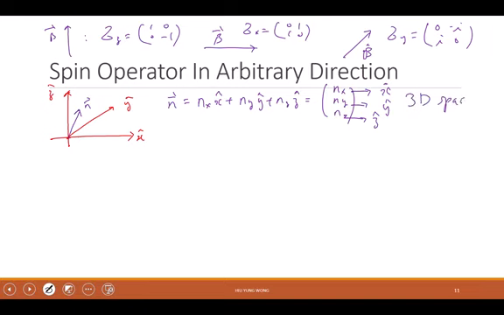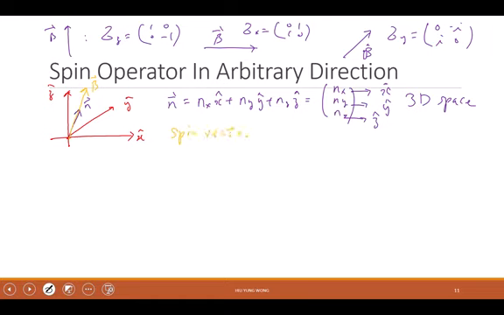But it also means that I apply a magnetic field pointing in this direction. What is the Pauli spin matrix corresponding to this? It is actually a spin vector.